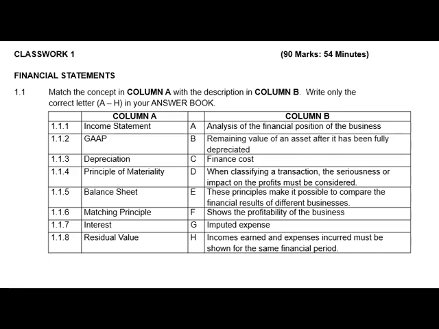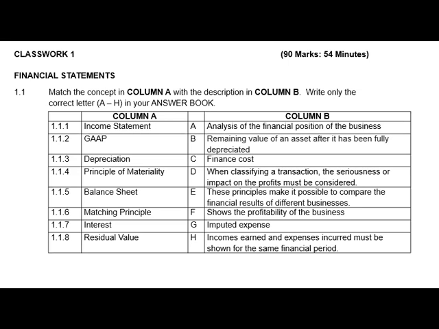Finance cost, incorrect. When classifying a transaction, the seriousness or impact on the profits must be considered, incorrect. These principles make it possible to compare financial results of different businesses, incorrect. Shows the profitability of the business. Okay, for 1.1.1, I will actually go with F because the income statement only shows the profitability of the business.